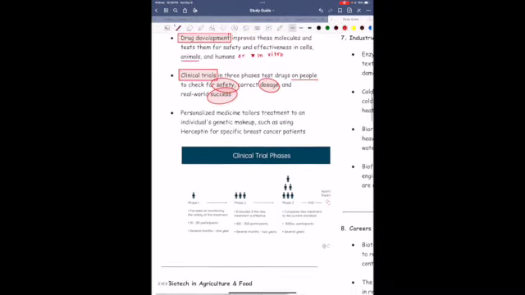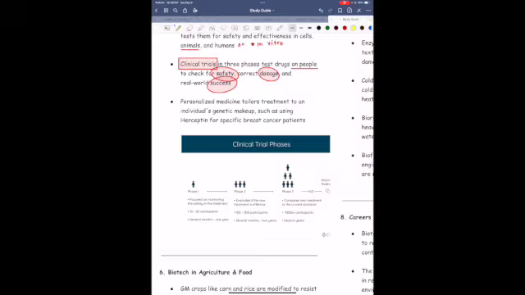And so I'm going to come down here to this picture real fast, right? And it's going to be really important that you know what happens in each of the phases of the clinical trials. So phase one is safety, and that's going to have the smallest amount of people.